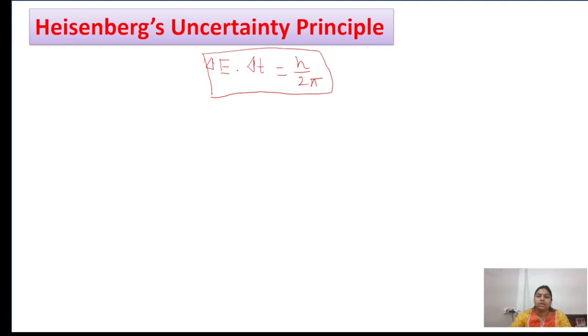According to classical ideas, it is possible for a particle to occupy a fixed position and have a defined finite momentum, and we can predict exactly its position and momentum at any time. But according to the uncertainty principle, the exact position cannot be determined accurately. It always comes with a probability.